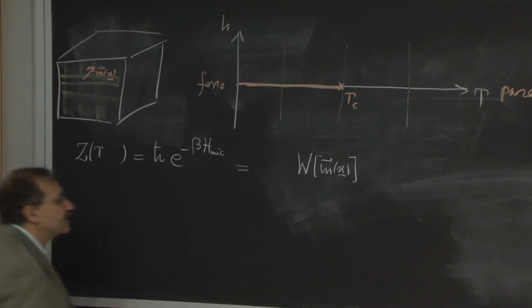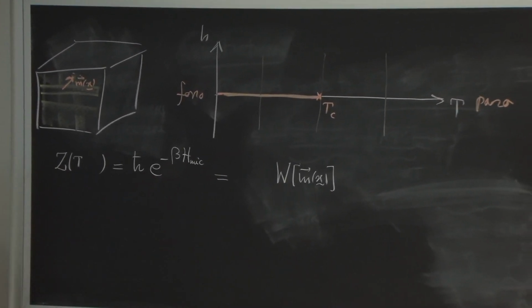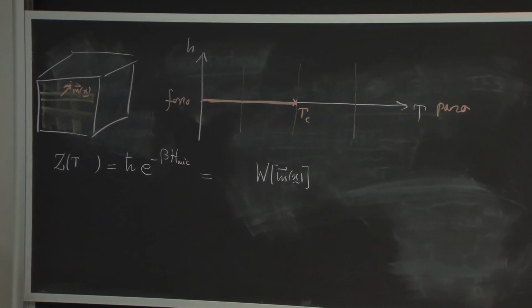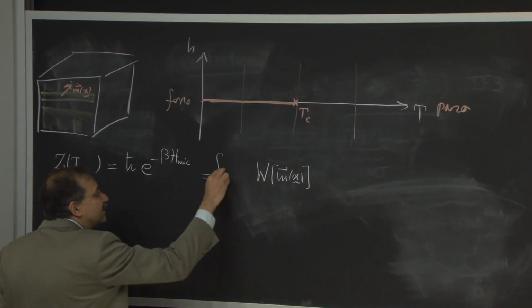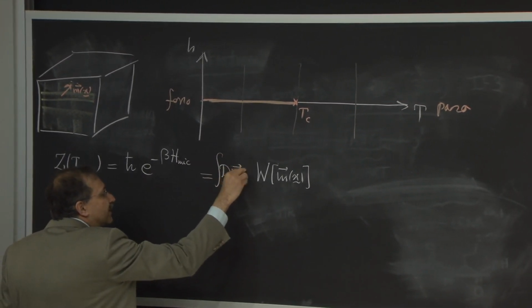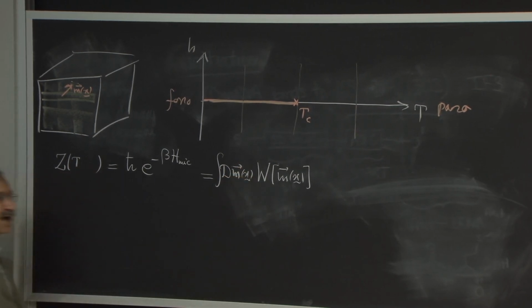And then the analog of tracing over all degrees of freedom would now become integrating over all configurations of this magnetization, which I indicate through this symbol of functional integration over all configurations.